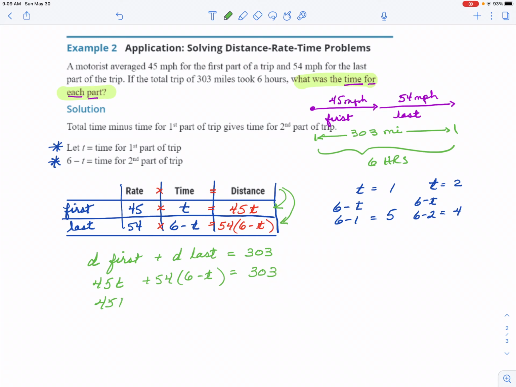Now you start doing your solving process. I see a couple of like terms in here, 45T and negative 54T. I'm going to go ahead and combine those.